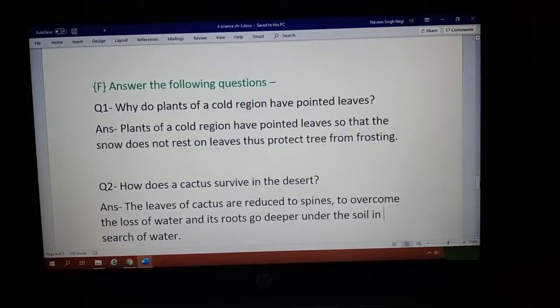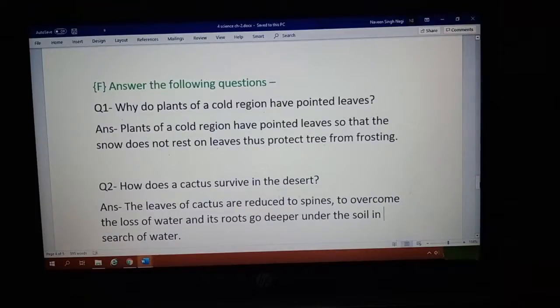So its answer is, plants of cold region have pointed leaves so that the snow does not rest on leaves, thus protecting the tree from frosting. Means the pointed leaves make the snow slide down and fall, and the tree is saved from freezing due to cold and snow. That is frosting, means जमना.